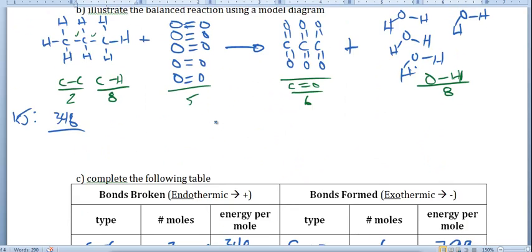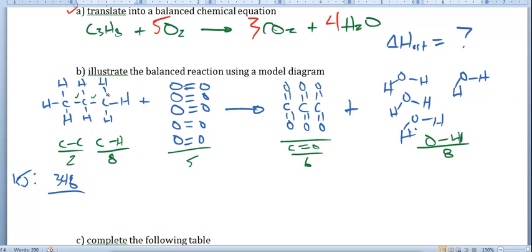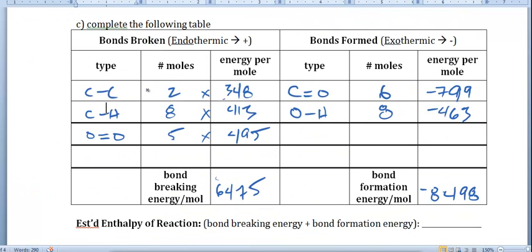All right. Now, to estimate the overall energy of reaction, that's what we're trying to do for this reaction. We're trying to come up with an estimated energy of reaction. And the way we did it is we tallied up all the different types of bonds, how many of each one we have, and then we remembered that any bond that's being broken is going to be a positive contribution because it's endothermic, and any bond that's being formed is a negative contribution.